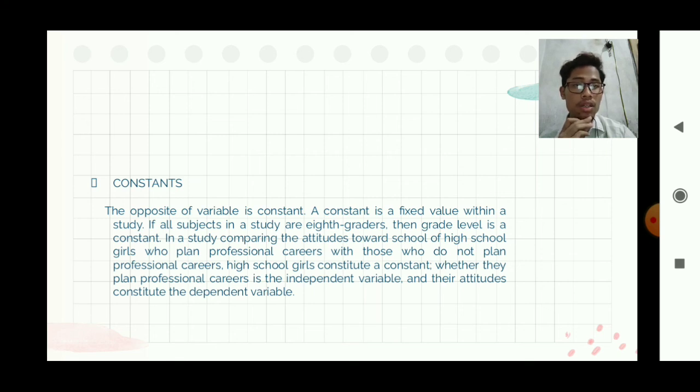In a study comparing the attitudes towards school of high school girls who plan professional careers with those who do not plan professional careers, high school girls constitute a constant. Whether they plan a professional career is the independent variable, and their attitudes constitute the dependent variable.